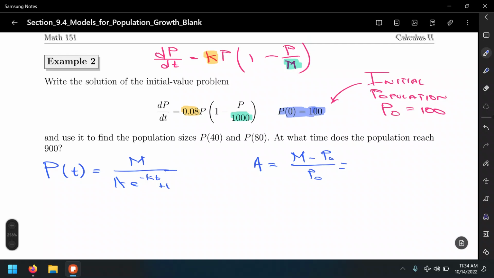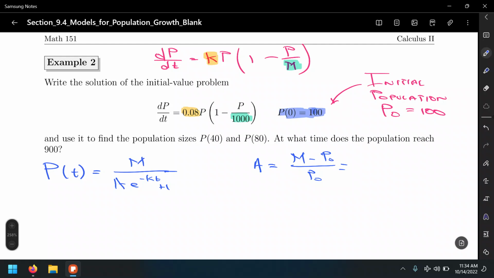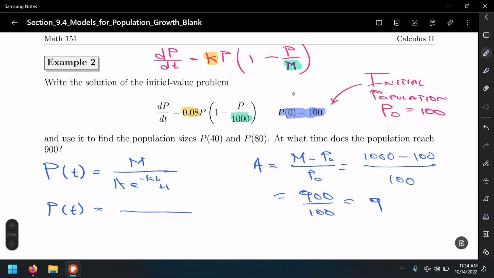M is the carrying capacity, the maximum amount of people in the community that can be carried, so that's 1,000 minus the initial population of 100, divided by the initial population of 100. 1,000 minus 100 is 900. Divide that by 100, that's 9. So P of t equals 1,000 over 9 e to the negative 0.08 t plus 1.